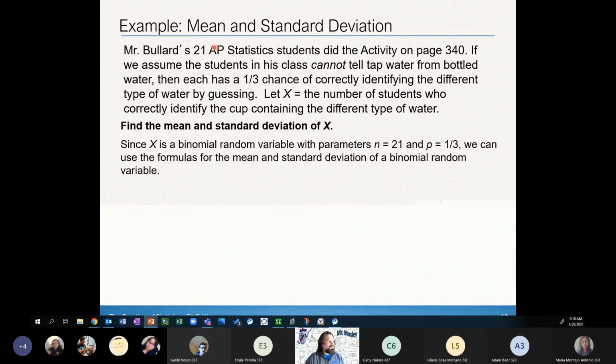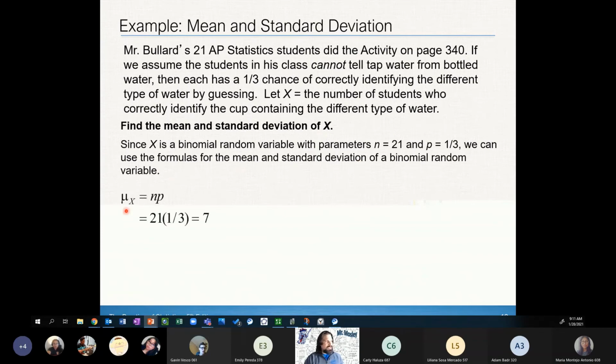There's a specific number of trials, 21, and the probability of success is consistent for each trial: there's a 1 in 3 chance of success. So this passes BINS, so we know it's a binomial distribution. We're going to find the mean and standard deviation of X using our new formulas. Since X is a binomial random variable with parameters n equals 21 and p equals 1/3, we can use the formulas for the mean and standard deviation of a binomial random variable.